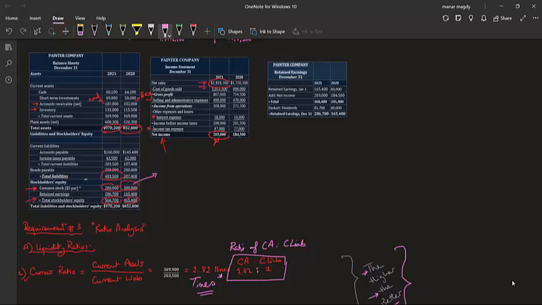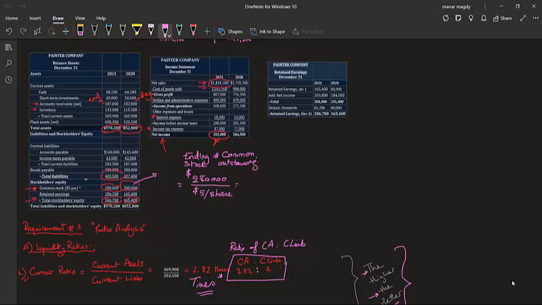So, for example, the ending number of common stock outstanding equals 280,000 divided by the par value of $5 per share.